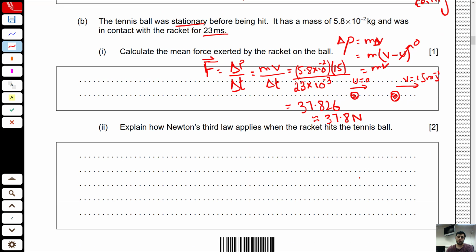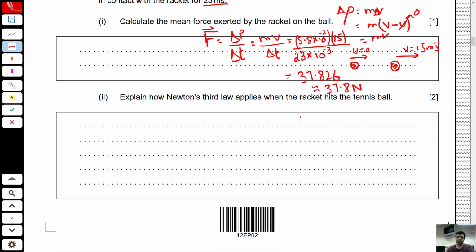Okay, explain how Newton's third law applies when the racket hits the tennis ball. So there's a ball here, and there's a racket here. So a racket and a ball. Newton's third law dictates that for every action there is an equal and opposite reaction.